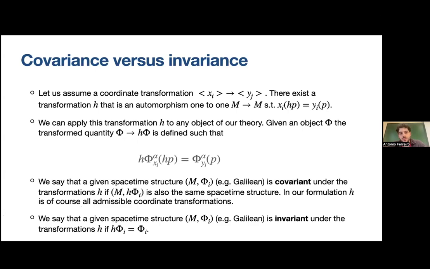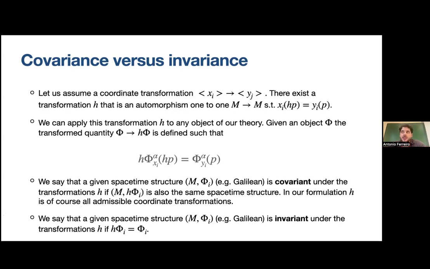So let us assume that we have a coordinate transformation between two different coordinate systems, whatever they are. We say that associated to that coordinate transformation, there exists a transformation H that is an automorphism between M and M, where M, remember, is the manifold of the space-time theory, such that this condition holds. Then we can apply this transformation H to any object of a theory.